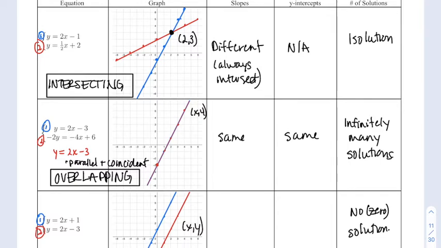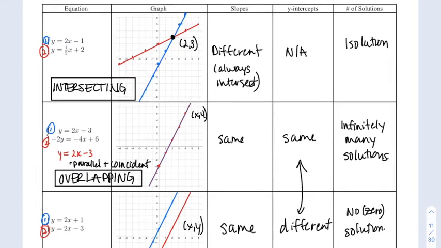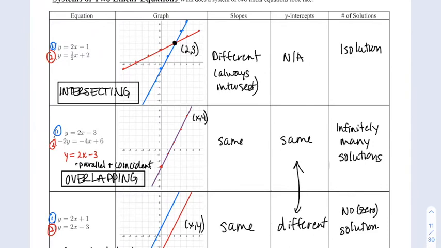Yes, they're both parallel, but we can call this parallel as in never going to touch. So we know that the slopes are the same, and in this case, the y-intercepts have to be different, because if they're the same, then you're in the case of overlapping. So that's a nice little summary of the three possibilities when you have a system of two linear equations.